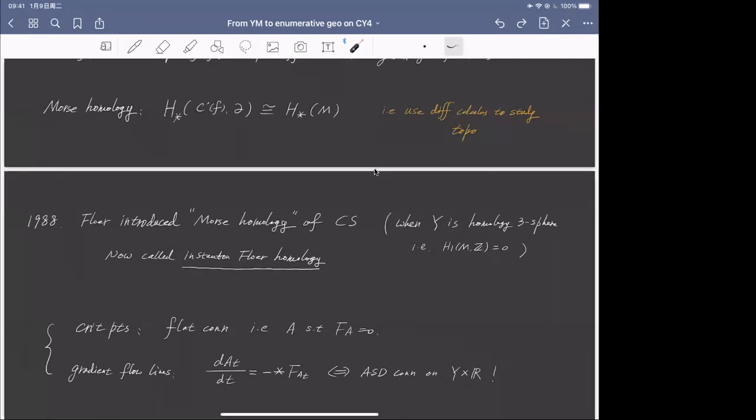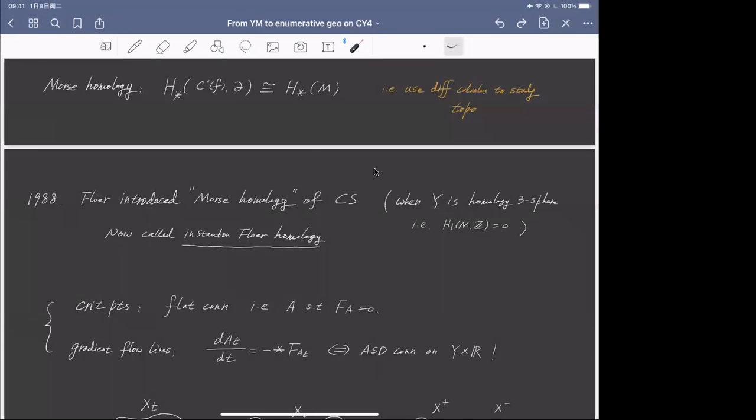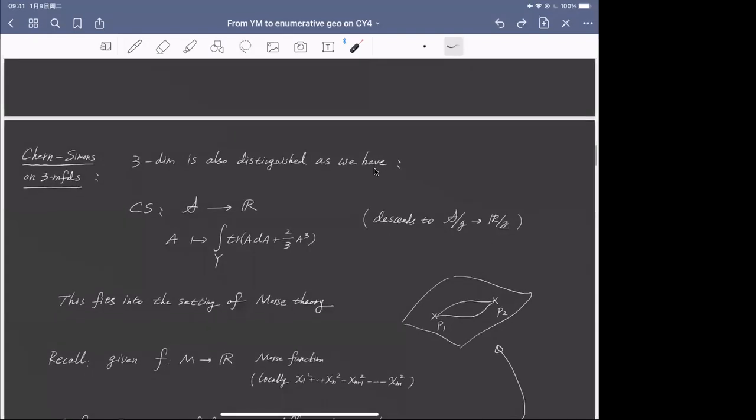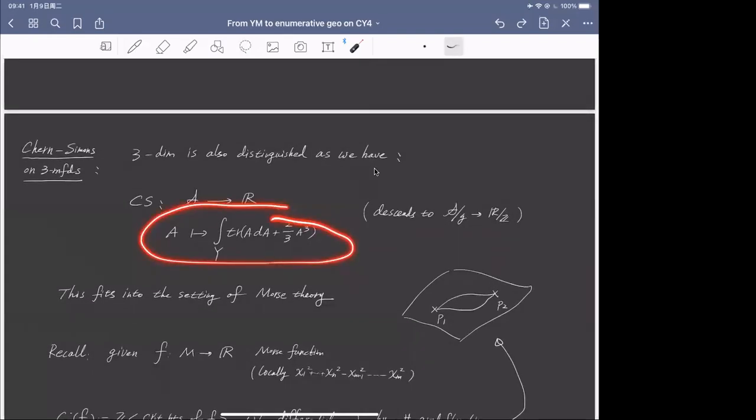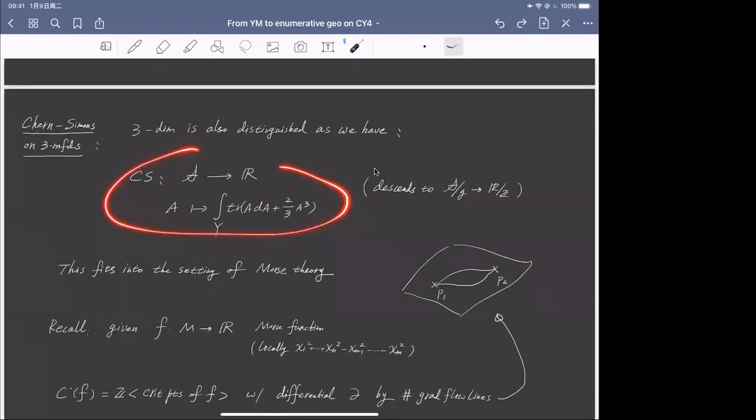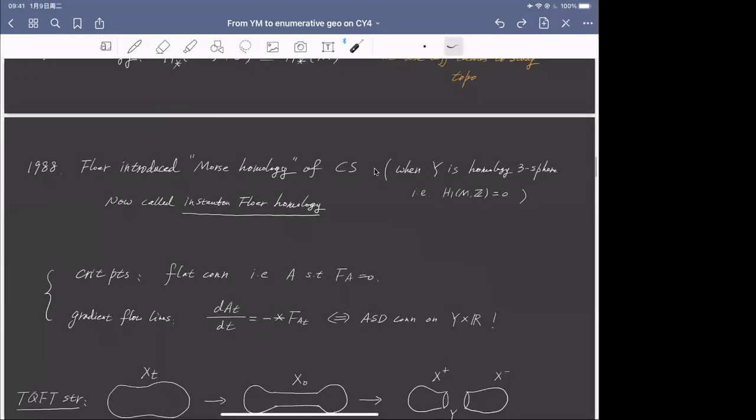The key structure here is that the critical points of the Chern-Simons functional now become flat connections on these three-manifolds. This is easily done by taking the variation of this functional. You can see the critical points of this function are exactly connections satisfying curvature is 0, the flat connections.